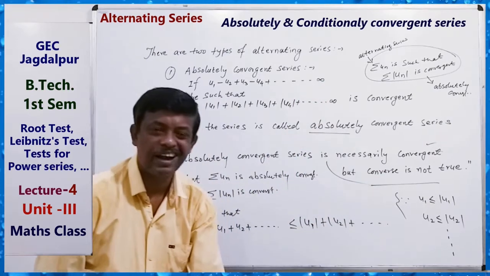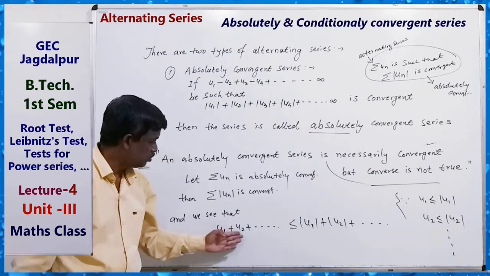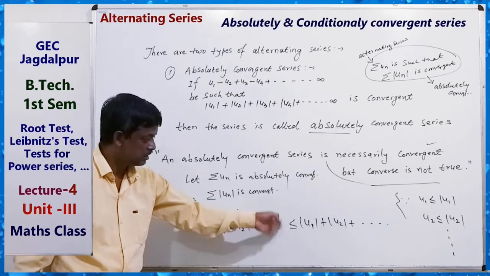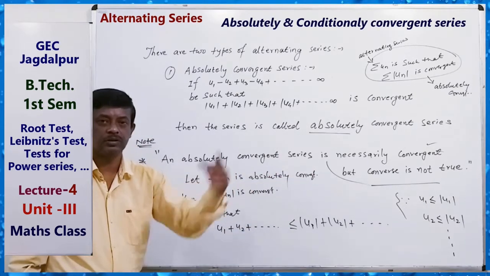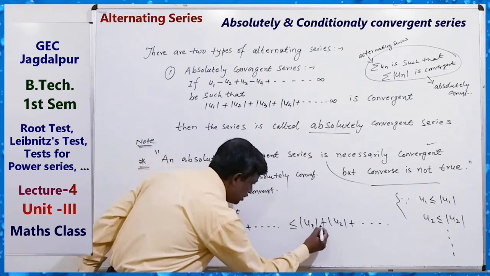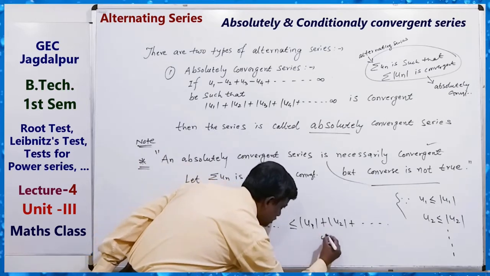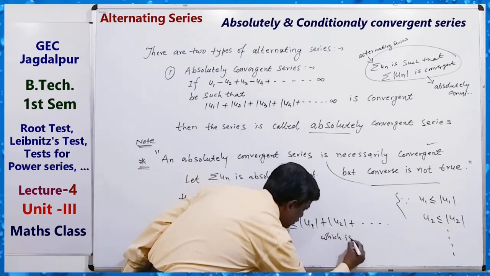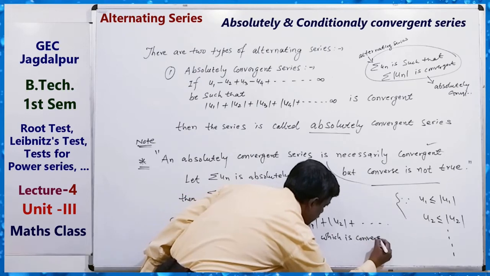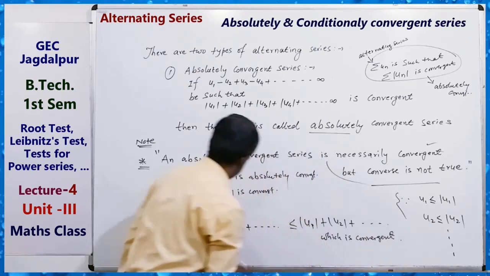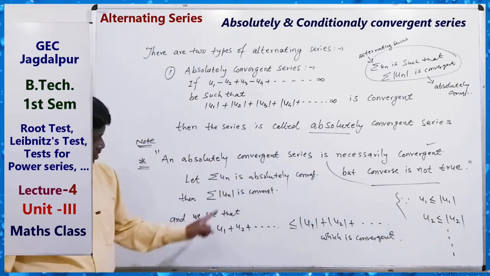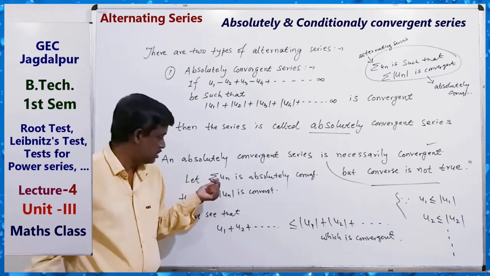So we can add these. The sum of un is less than or equal to the sum of mod un, which is convergent because this is absolutely convergent.